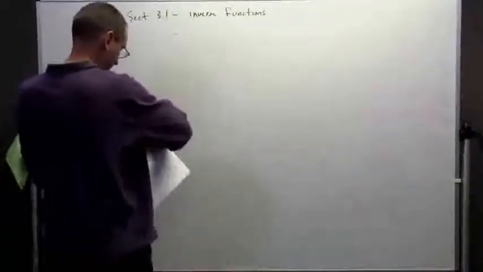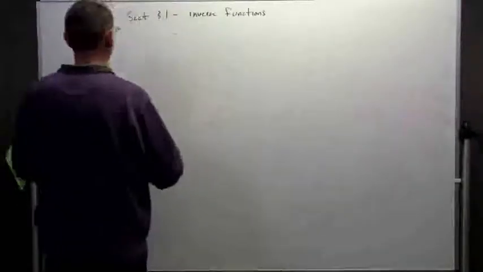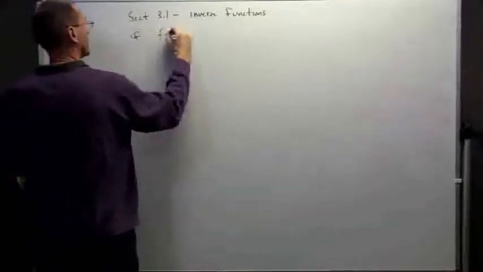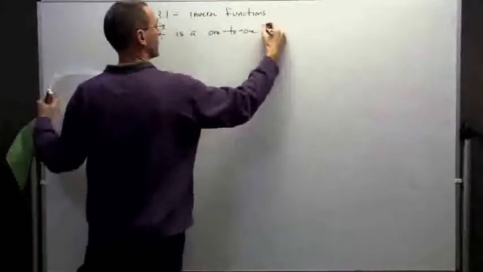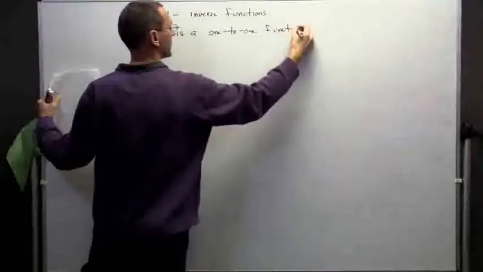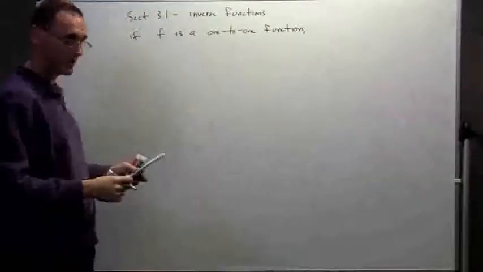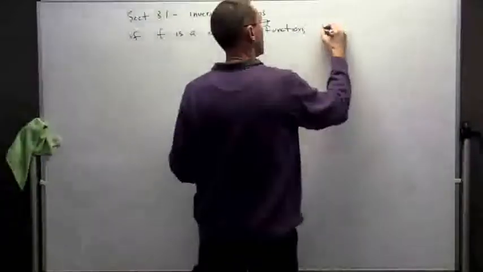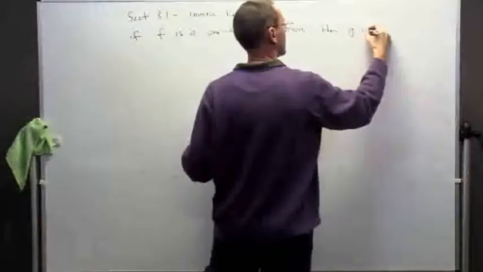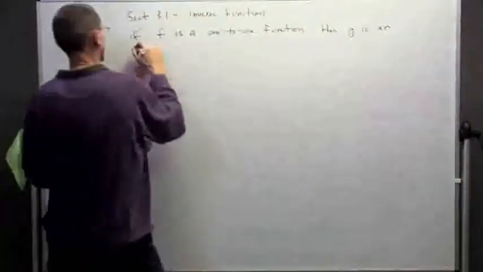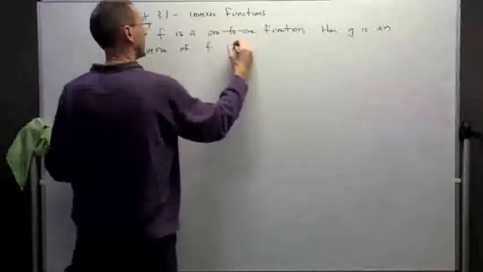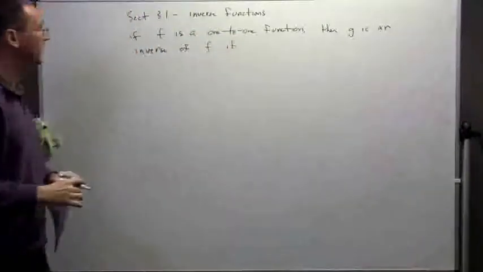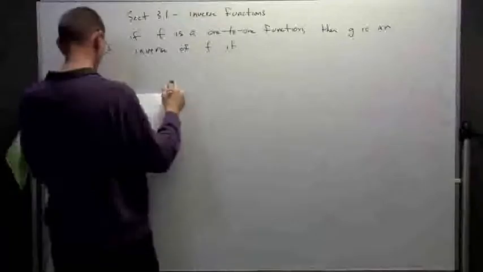So what do we have? Suppose I've got a function f that's one-to-one. And then g is going to be an inverse of this function if the following is true.